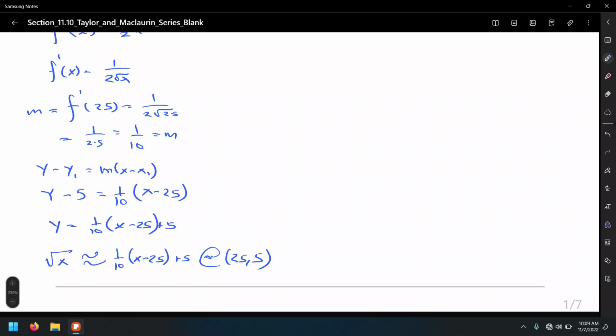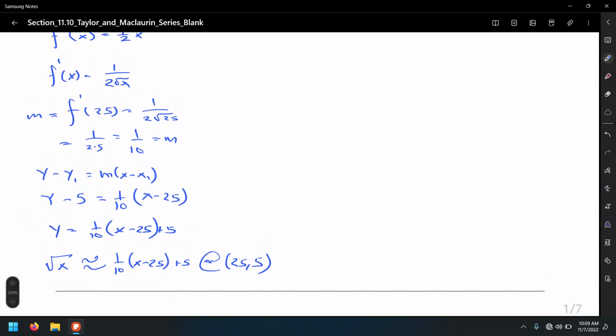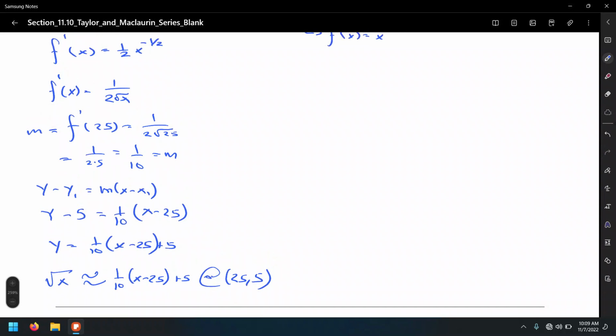Now we can use this approximation to evaluate the square root of 26.5. That's approximately 1/10 times (26.5 minus 25) plus 5.